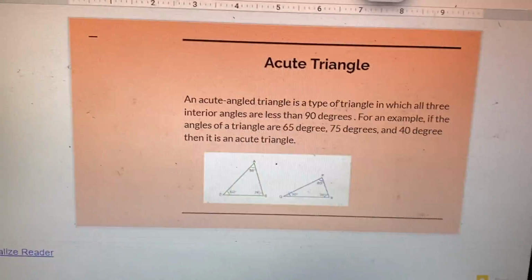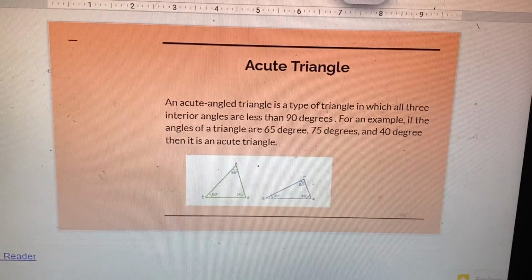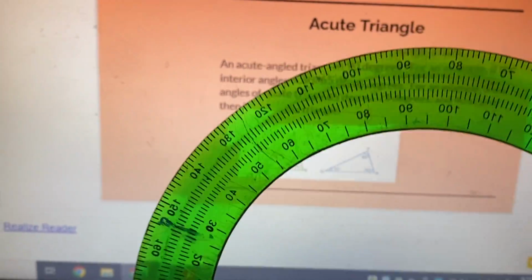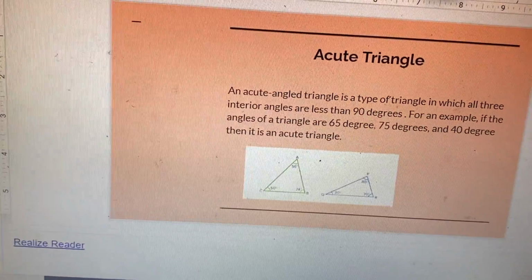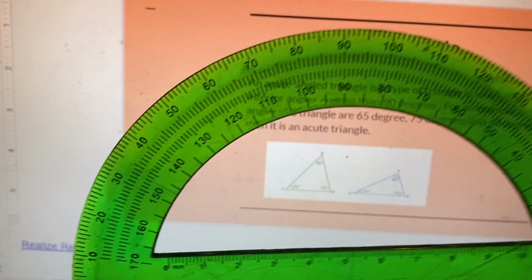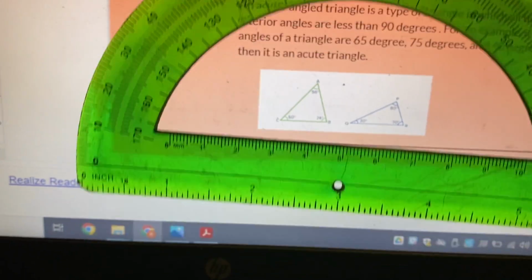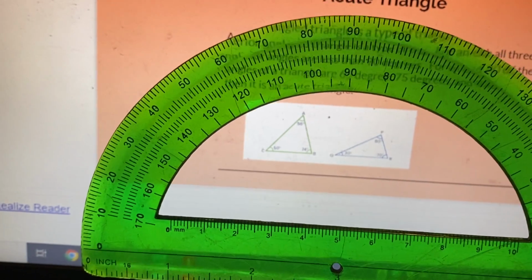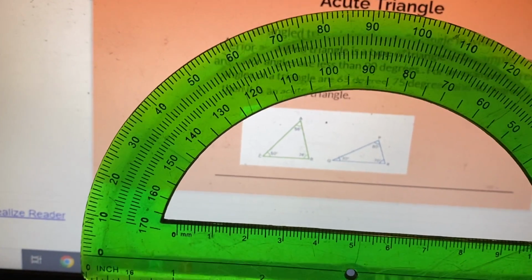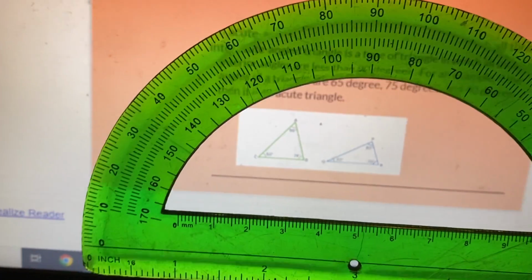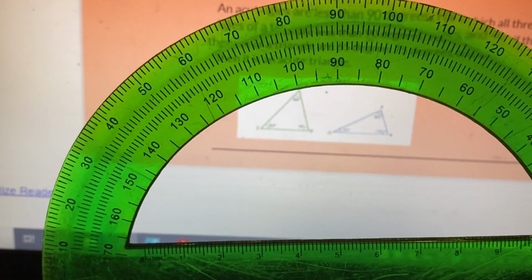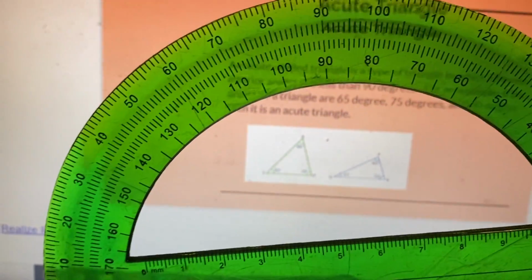When you are using your protractor, you are going to make sure that you measure with the holes, and then draw your line to the correct measure. If it's 70 degrees, 50 degrees, you will draw your line outward. Okay, that is the acute triangle.